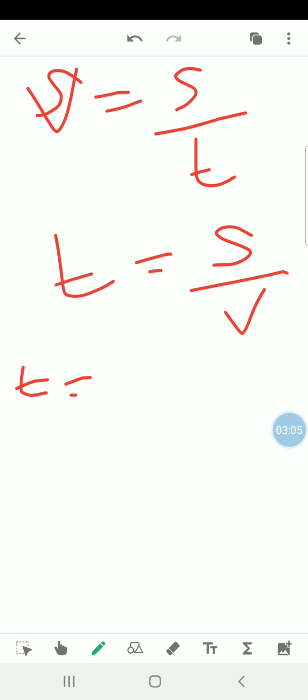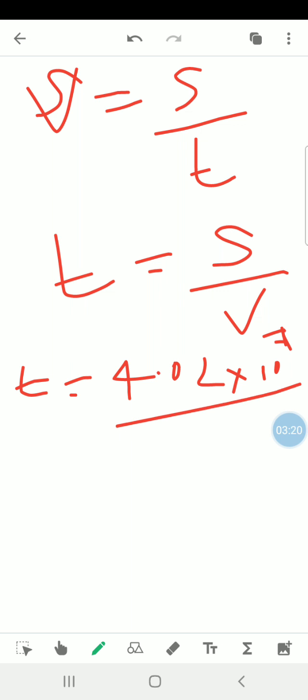We know the displacement. Displacement is 4.02 into 10 to the power 7. This S can be confusing. S is not the speed, but it is the displacement. 4.02 into 10 to the power 7 is the length that it has traveled. Then it has traveled at a speed of 7,920. You divide it and then you will get the answer.